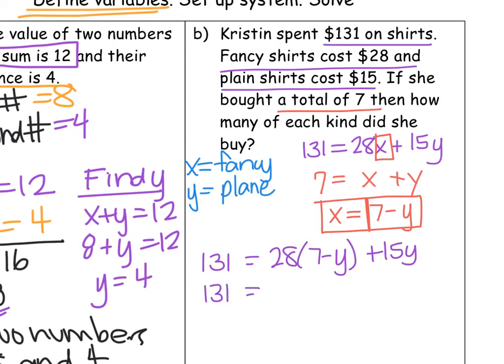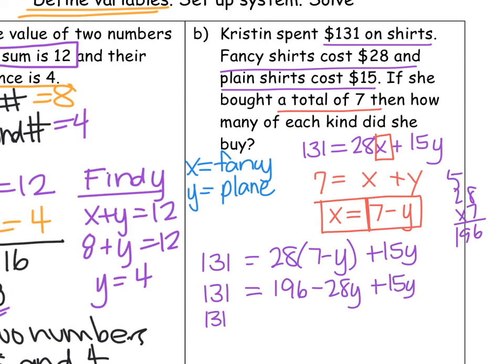131. So I distribute the 28 to the 7 into the minus y, and then 7 times 28, 7 times 8 is 56, 7 times 2 is 14, so 196. So we get 196 minus 28y plus 15y.